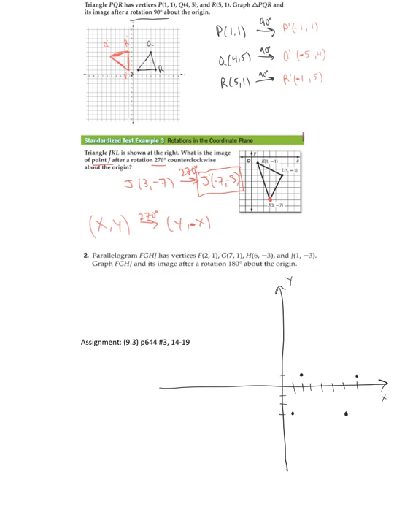Okay, so this is F, G, H, J. All right, and we're going to rotate this 180 degrees about the origin.